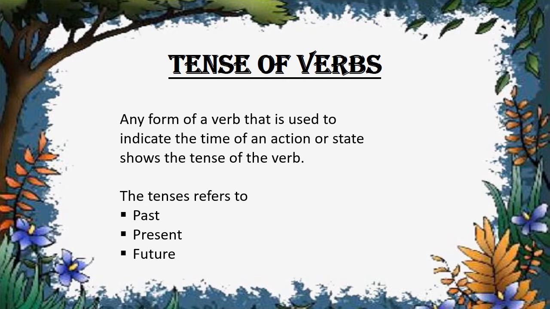Take one pencil, and on page number 22 there is a box. This definition is given in a box. Take your pencil and underline the time of an action and state. These two are the keywords to keep in mind for the meaning of tense.